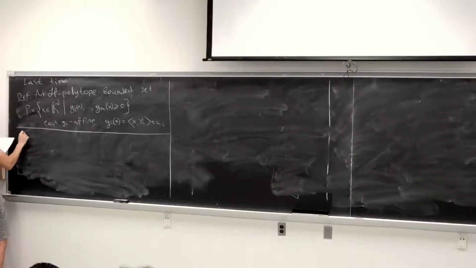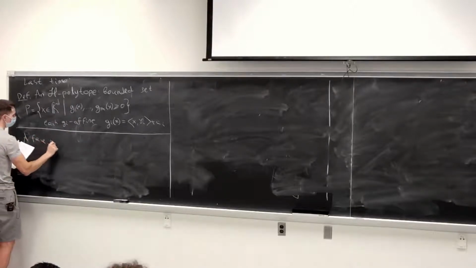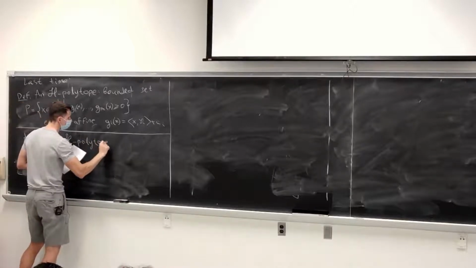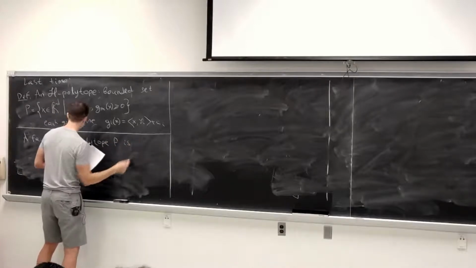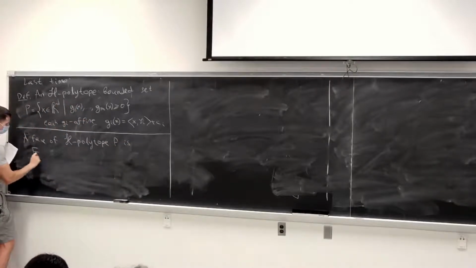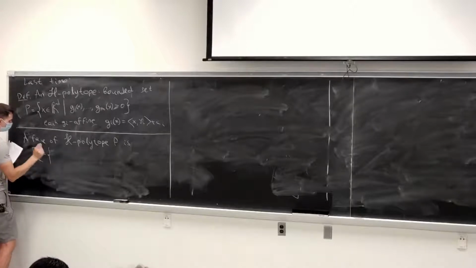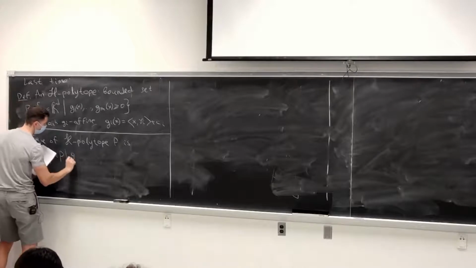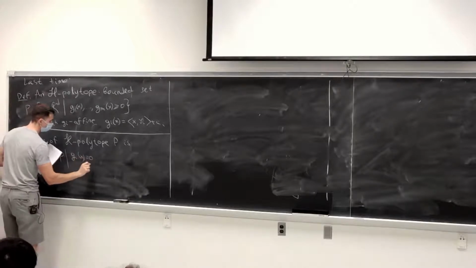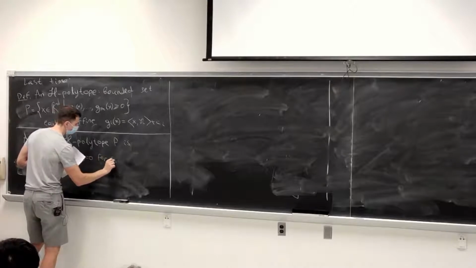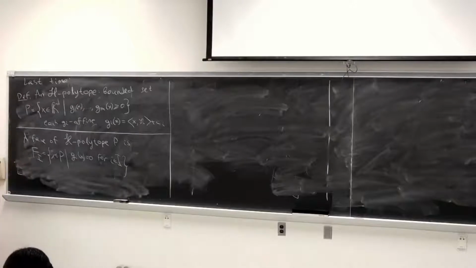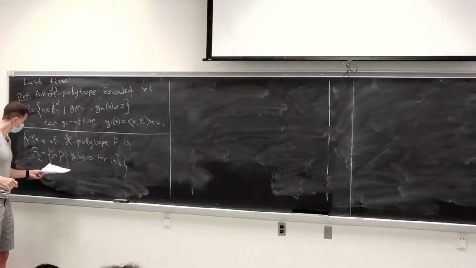A face of an H polytope P is a set of the form f sub capital I, which by definition is the collection of all x's in P such that each gi of x is equal to 0 for all i in capital I. That's an example of a face, and you get any face of an H polytope this way, maybe non-uniquely if some of the g's are redundant.